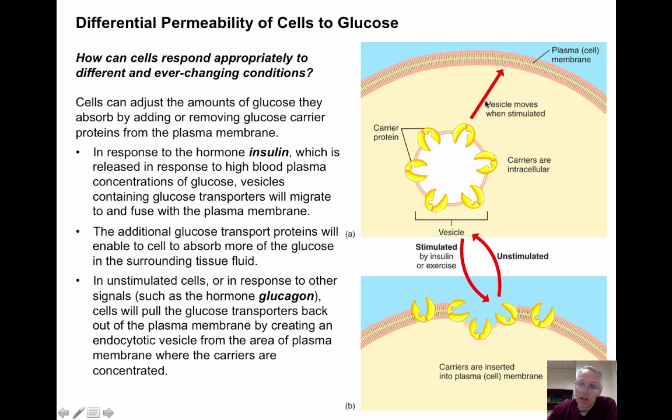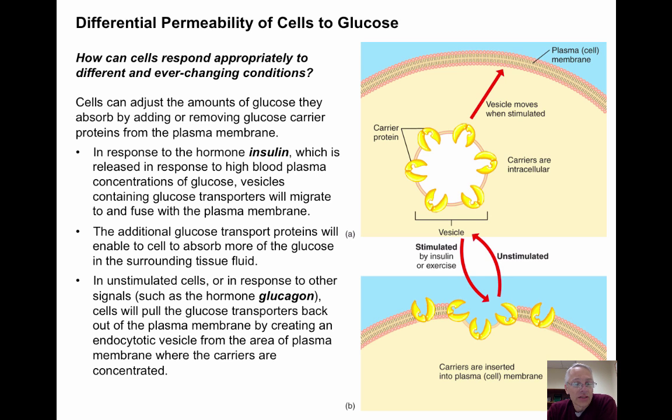Instead of plugging the vesicle into the plasma membrane and thereby injecting all of those glucose transporters into the membrane, it would do what looks like endocytosis, and it would pull the membrane in and create a new vesicle inside the cytoplasm where all those glucose transporters can now be stored and kept in reserve until such time that the cell needs them.